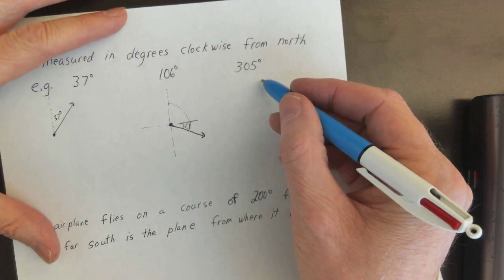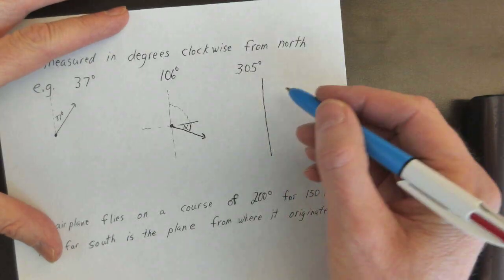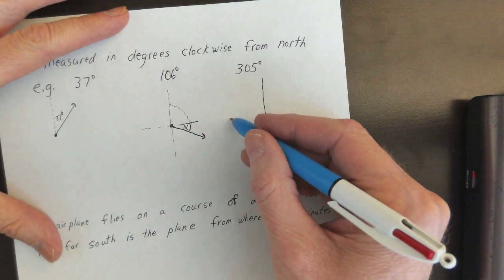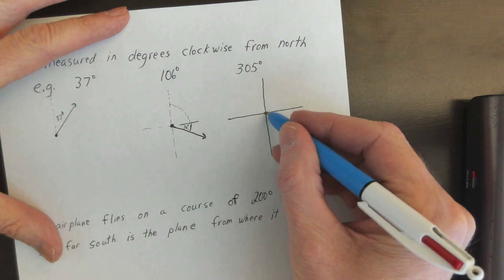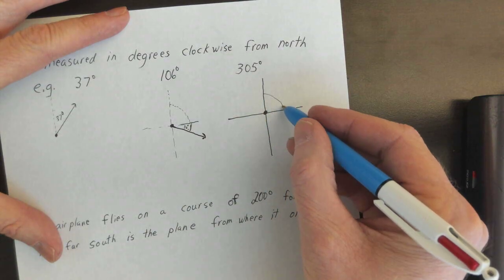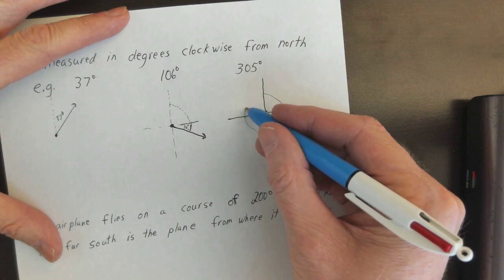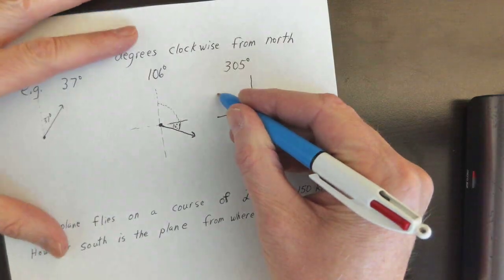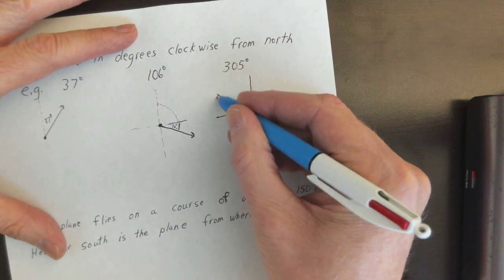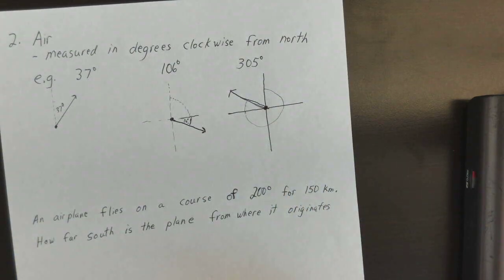If you were going 305 degrees, if your bearing was 305 degrees, let's say you're right here, 305 degrees, 190, 270, and 35 more, so you are probably going that direction right there, if your bearing is 305 degrees.